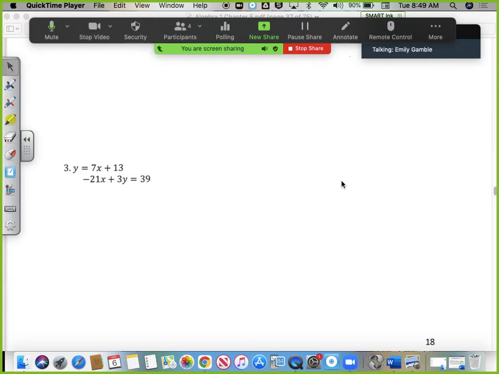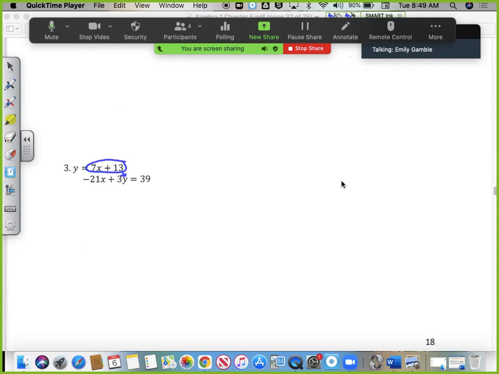All right, what method would be the easier method to use to solve number 3? Marlon? Yes, I agree. So substitution means you take whatever y equals or x equals and you replace it in for y or x. So we're going to replace 7x plus 13 in for y right here.